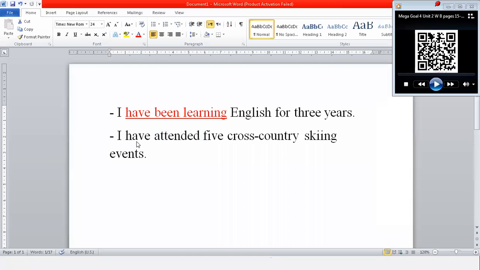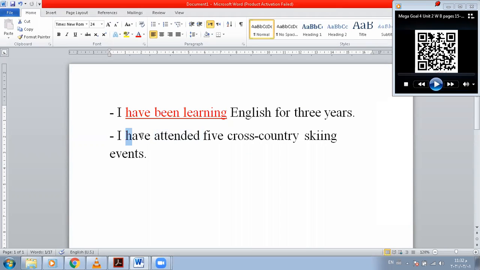The present perfect symbol is have or has and the past participle. And I told you before that the past participle is the third form of the verb.